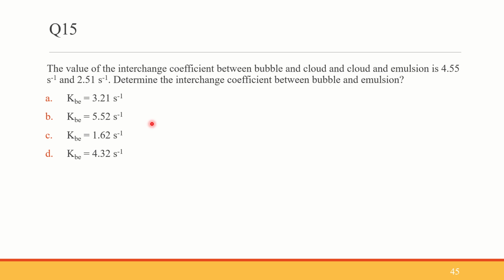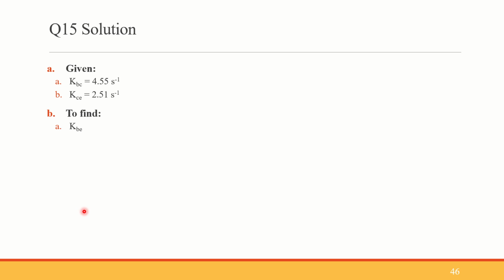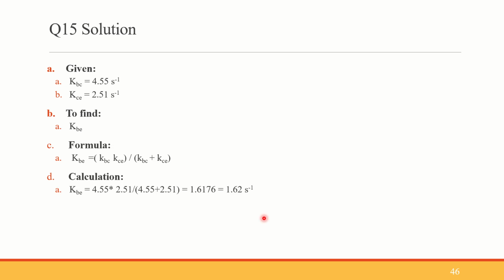Substituting everything back in the formula, we get KBE is equal to 1.62 per second. So option C is the right answer. That is how we solve this particular problem.